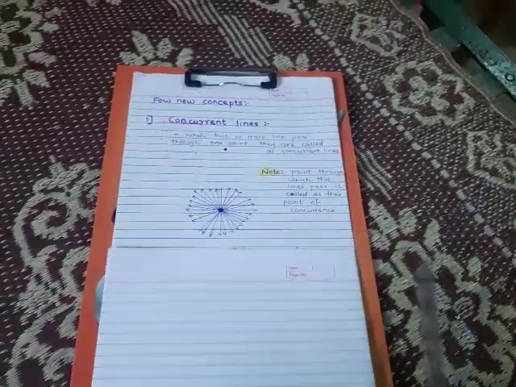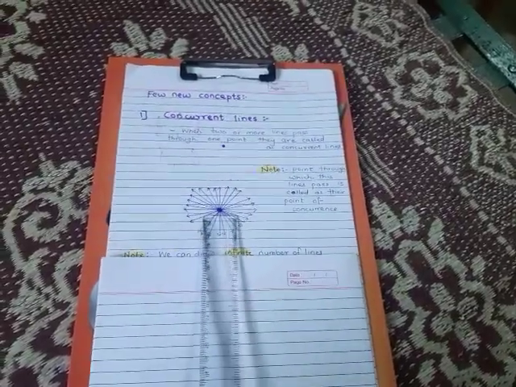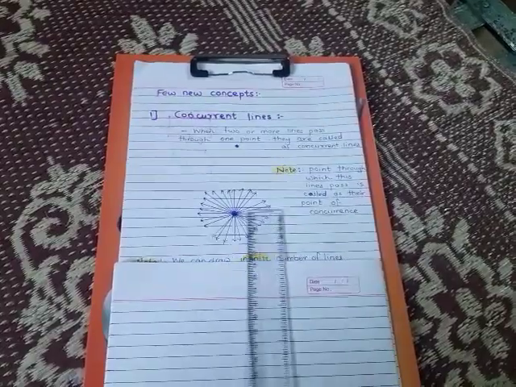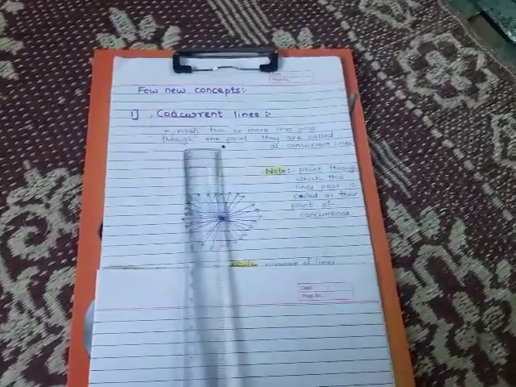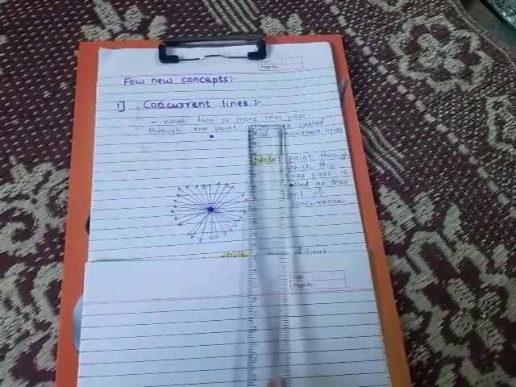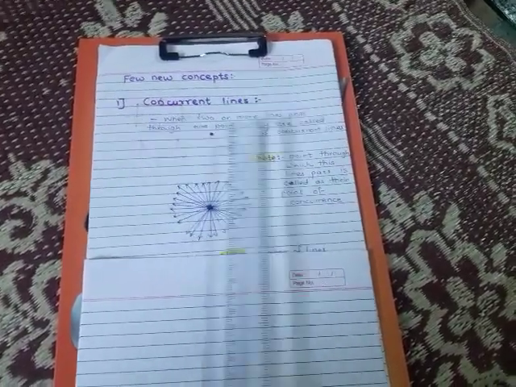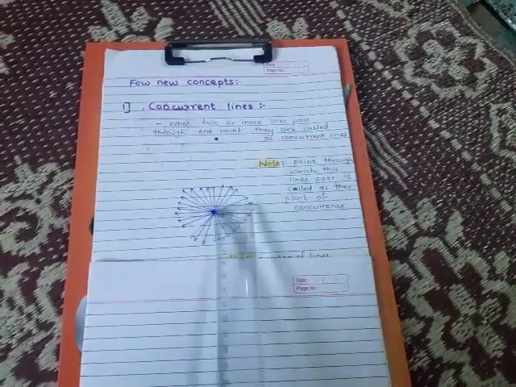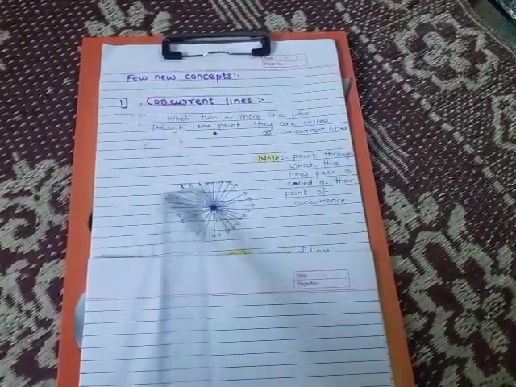So if I take a point and try to draw a line passing through it, I can draw an infinite number of lines. So what is the definition of concurrent lines? When two or more lines pass through one point, they are called concurrent lines. Right now you can see there are many over here.